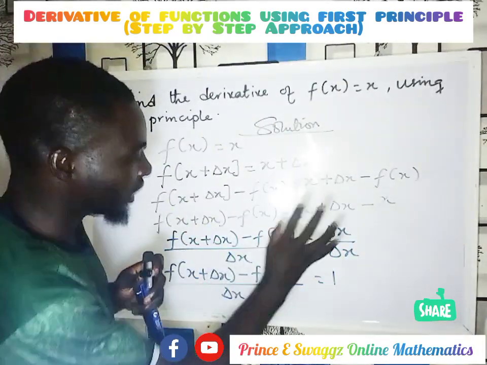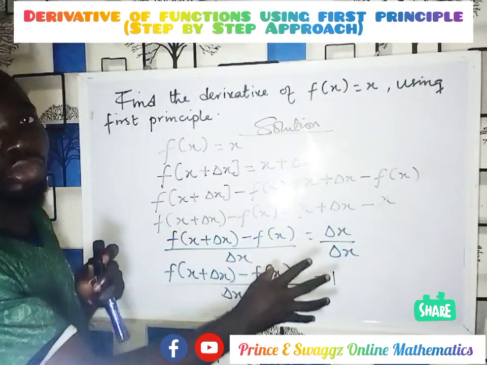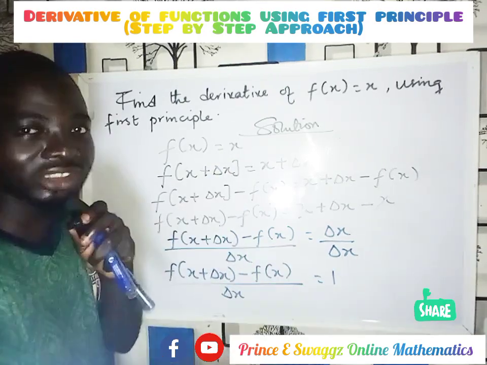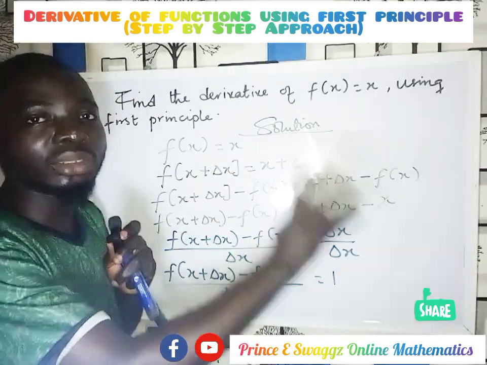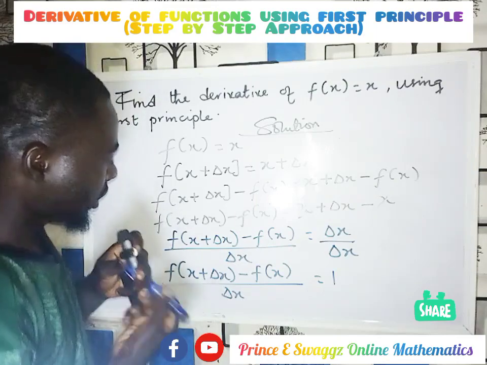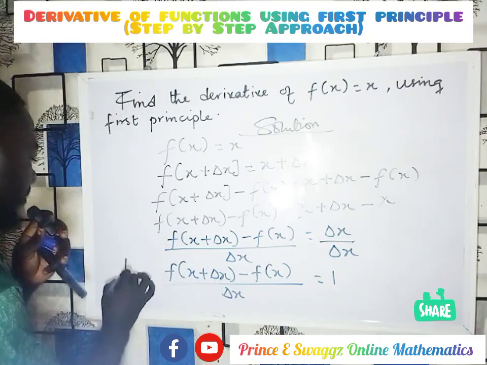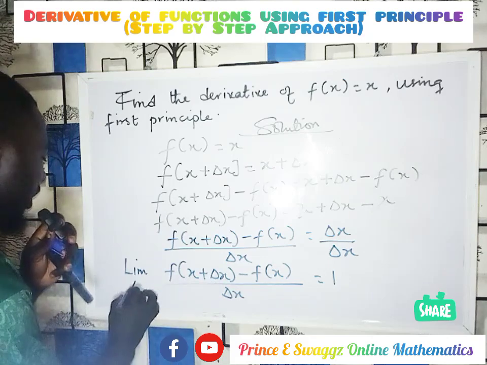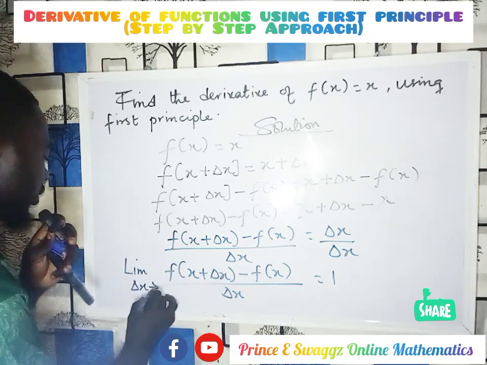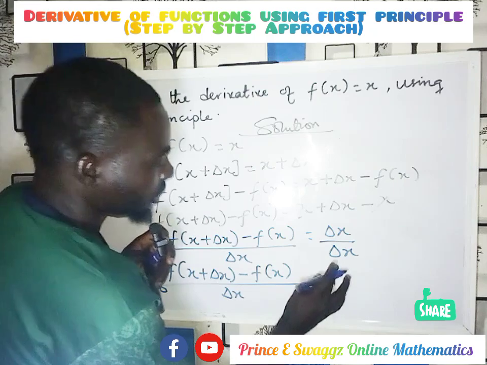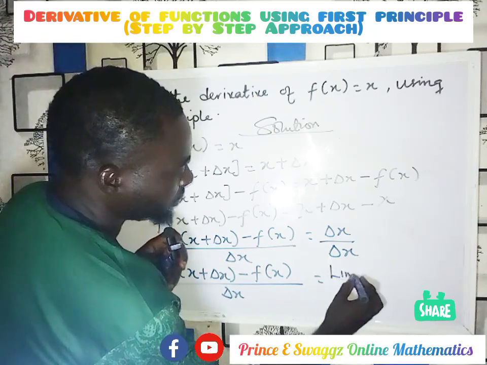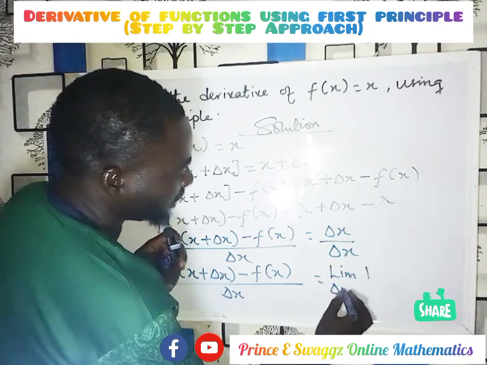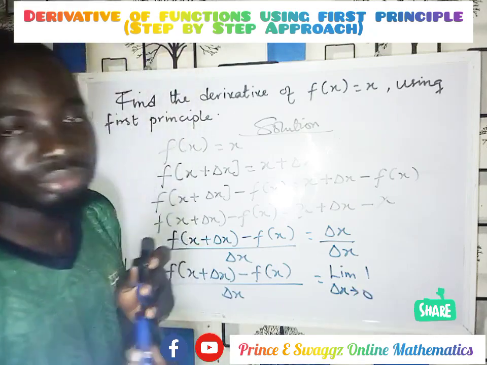So once you have divided both sides by delta x, take the limit of both sides. That gives us the limit of this as delta x tends to 0, and likewise the limit of 1 as delta x tends to 0.